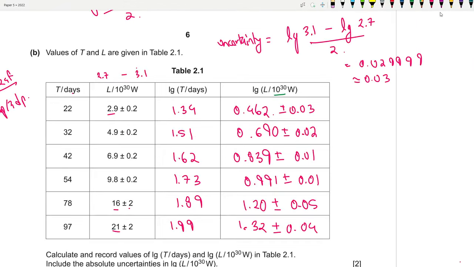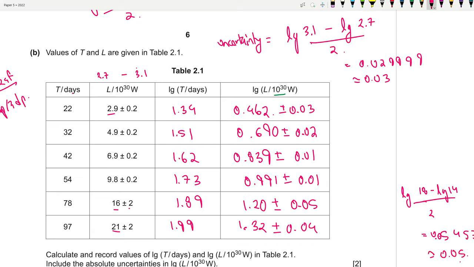The one with 16, right? It's basically log 18 minus log 14 divided by 2. So log 18 minus log 14 by 2. That's 0.05457, which is rounded off to 0.05.